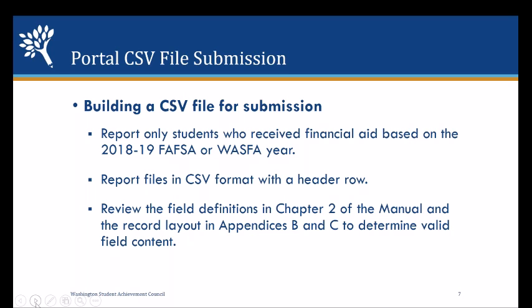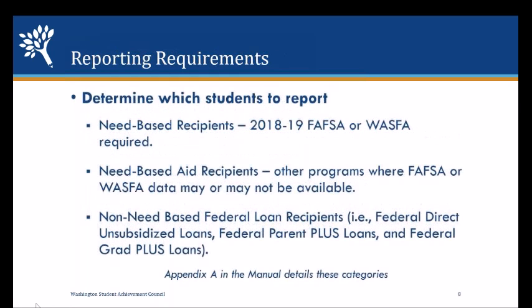And reviewing the field definitions in Chapter 2 is really important so that you can identify what the valid field content is. And for those of you who are new, the WASFA stands for Washington Application for Student Financial Assistance, and it's something that you need to be using and working on as well as the FAFSA. The CSV format has not changed for the 2018-19 year.